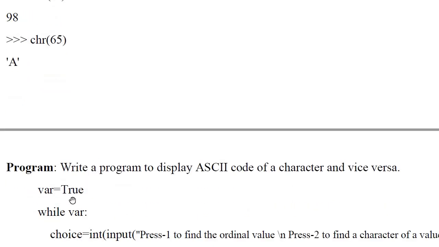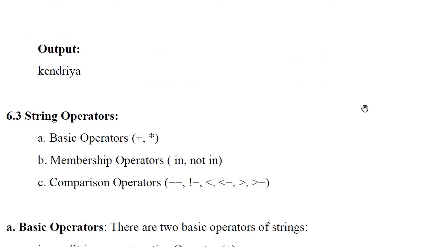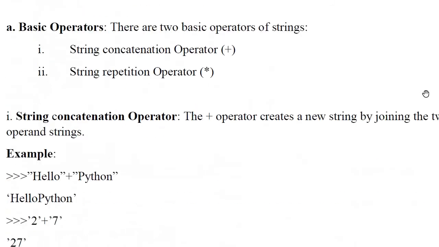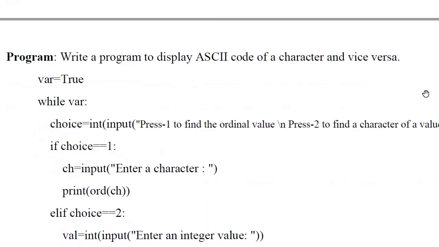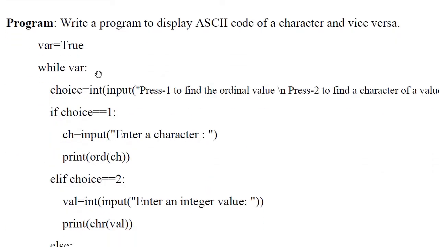You will take a variable, var equals True. While var, that is, till the time, your choice is assigned from input, you will take the input from the user: press 1 to find the ordinal value and press 2 to find the character value.